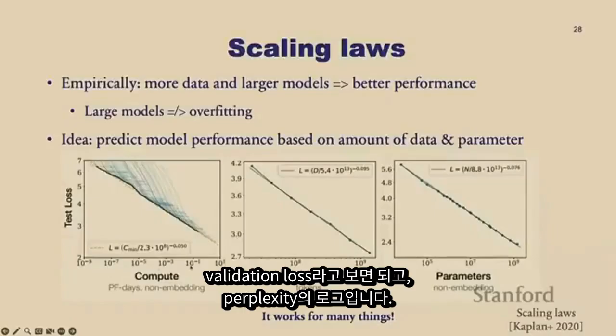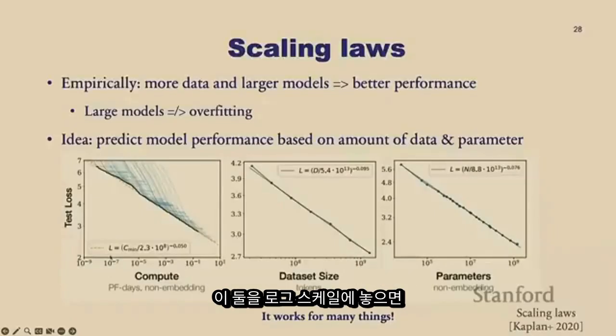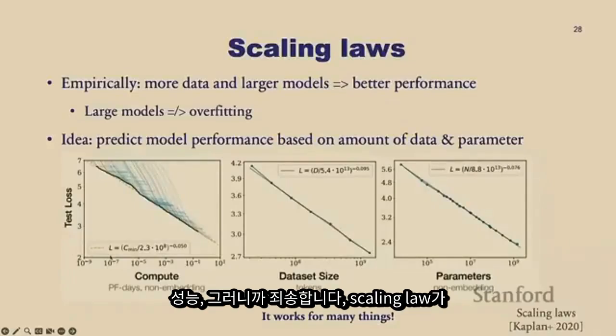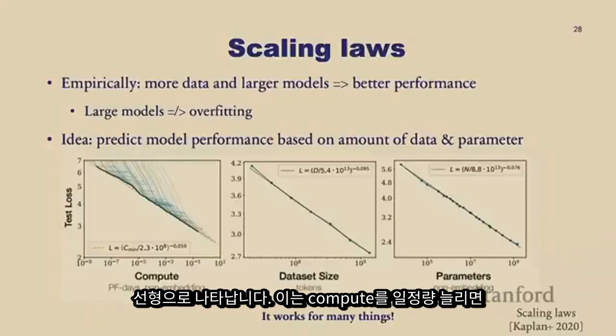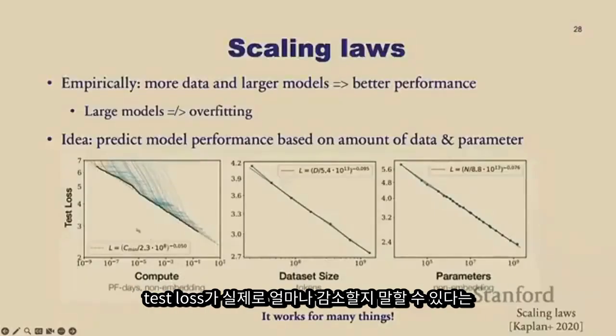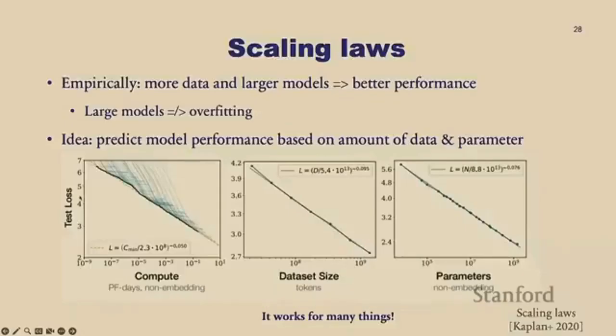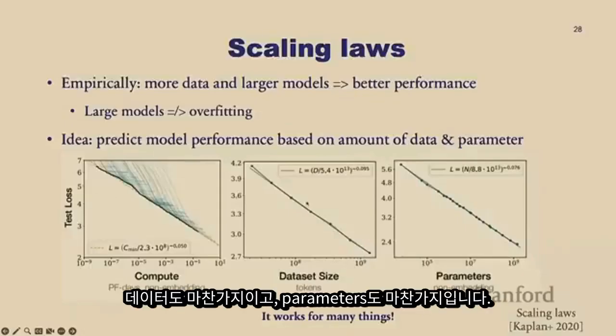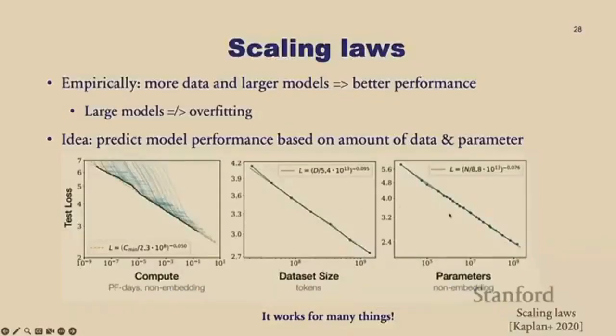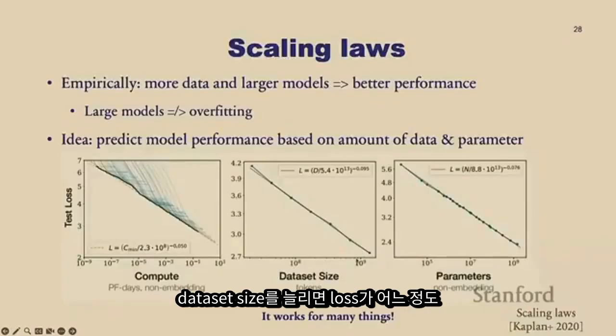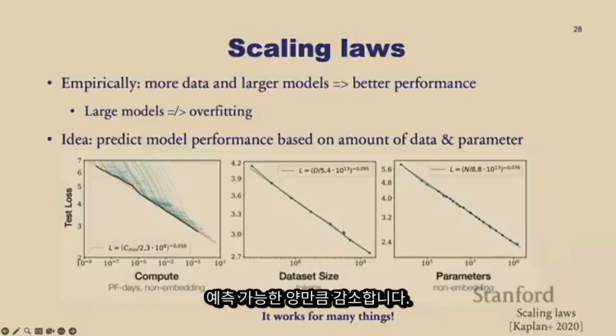So it's the log of the perplexity. And if you put these two on log scale, then you see that the scaling law is linear. That means that if you increase your compute by a certain amount, you can say by how much your test loss will decrease. Same thing with data, and same thing for parameters. If you increase the data set size, your loss will decrease by an amount that is somewhat predictable.